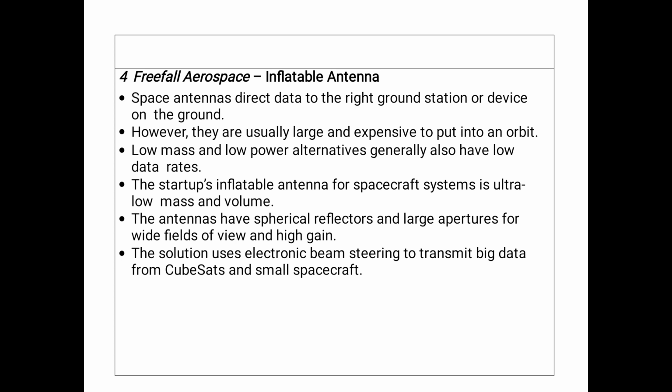The startup's inflatable antenna for spacecraft system is ultra low mass and volume. The antennas have spherical reflectors and large apertures for wide field of view and high gain. The solution uses electronic beam steering to transmit big data from CubeSats and small spacecraft.